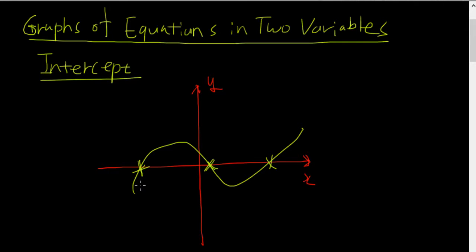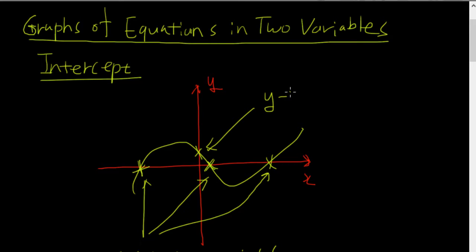These 3 points, and also this one, these 3 points are called x-intercepts. And this point right here, where the graph is crossing the y-axis, is called the y-intercept.